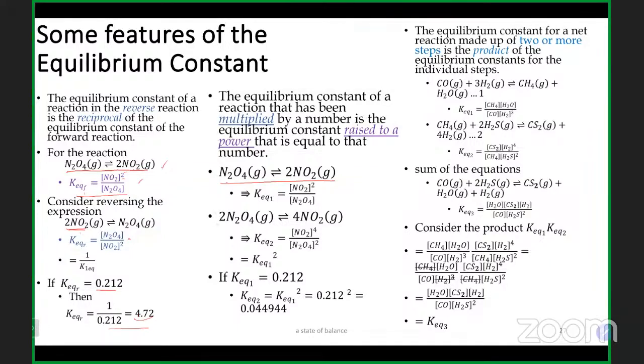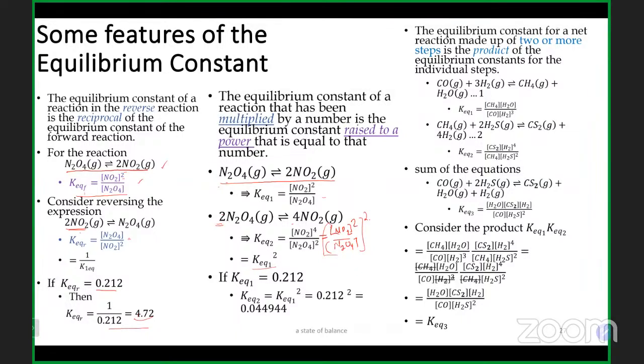If you consider multiplying the whole expression by 2, you would notice that this is simply equal to NO2 squared over N2O4, everything squared. So that's the equilibrium constant squared for the first one.